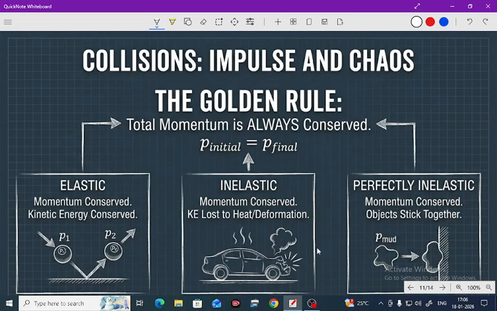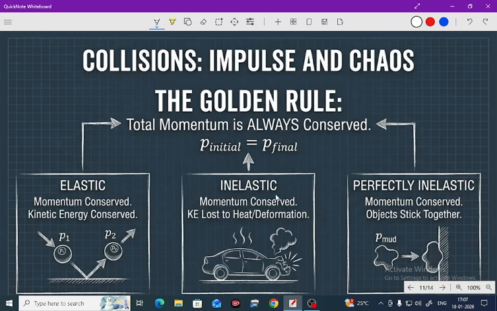Next point is collisions, impulse and chaos, the golden rule: total momentum is always conserved. The initial momentum is equal to the final momentum. In an elastic collision, momentum is conserved and kinetic energy is also conserved.